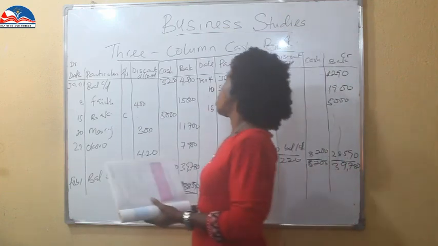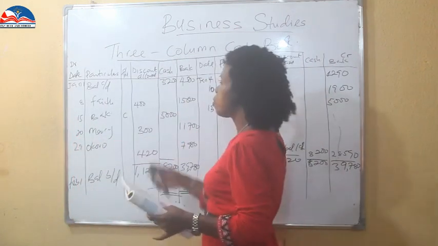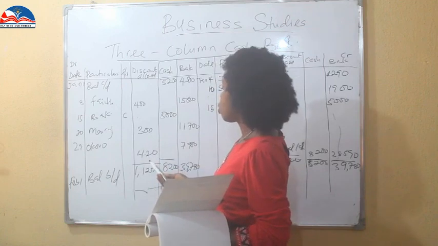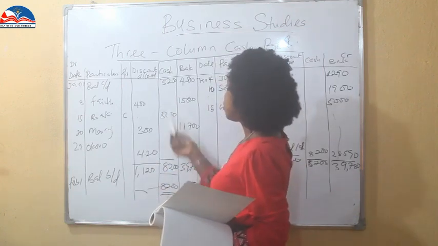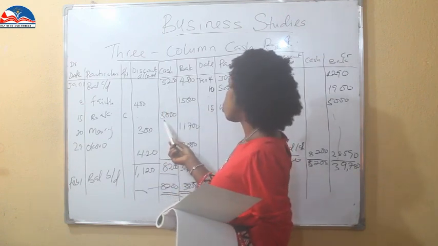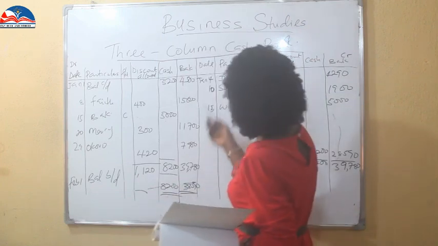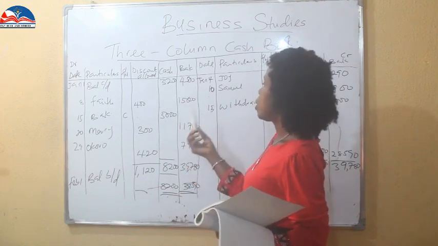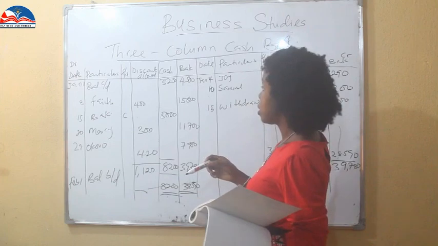So what do we do with this account after we have done our posting? We balance up. First, the receiving part of the account, the discount we receive now is 400 plus 300 plus 420, we have 1,120. Now the cash that we receive, the initial cash that came into the business, and the withdrawal he did from his account to this place, 5,000, makes it 8,200. Then in his bank, the original entry was 5,500. Faith paid him into his bank account 15,600 instead of 16,000.